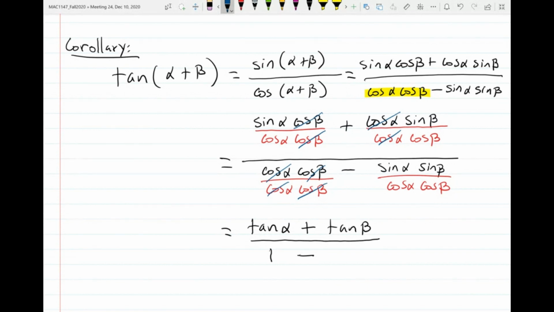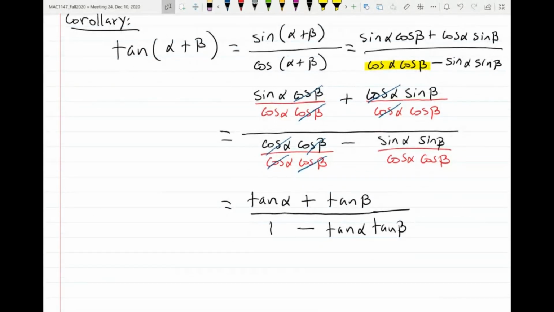Let's see. Okay, nothing cancels, but we can rewrite that nicely, right? Sine of alpha over cosine of alpha, that's just tangent of alpha. Sine of beta over cosine of beta, that's just tangent of beta. So tangent of alpha times tangent of beta.